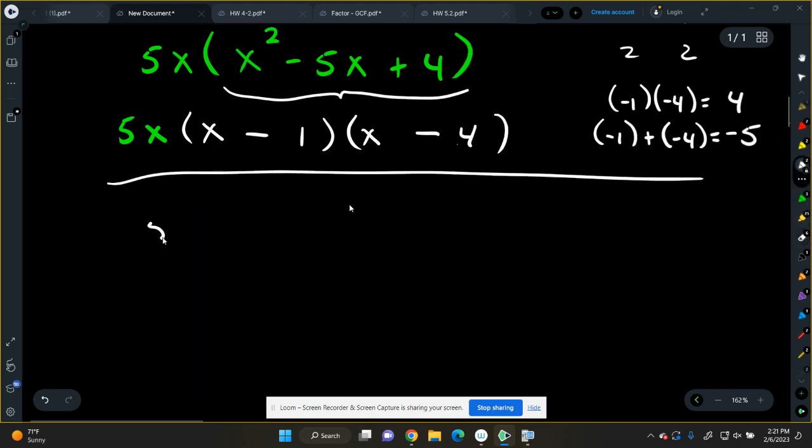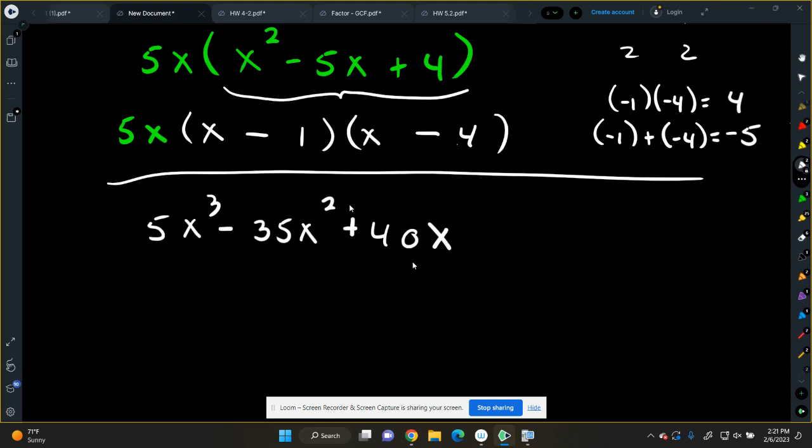Let's try that again. 5x to the third minus 35x squared plus 40x. Is that going to work? I don't think that's going to work. We're going to have to change these. It's going to have to be a plus and a minus like that.